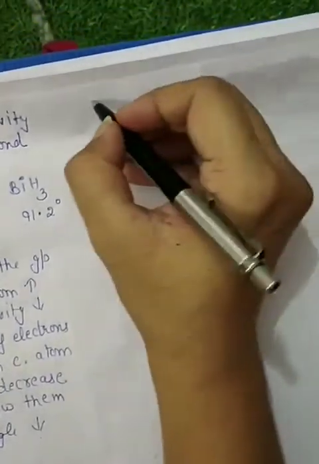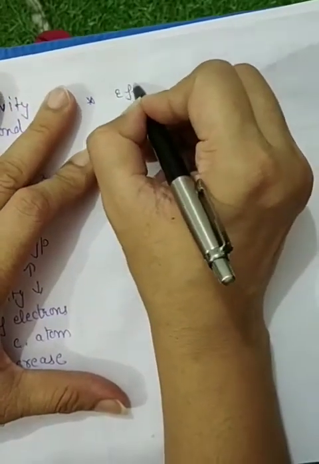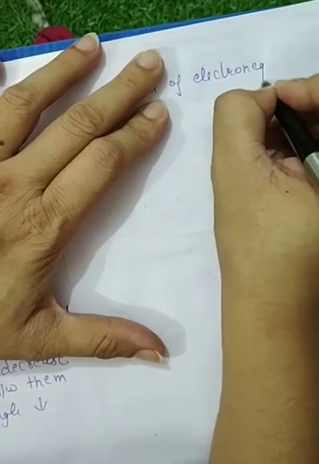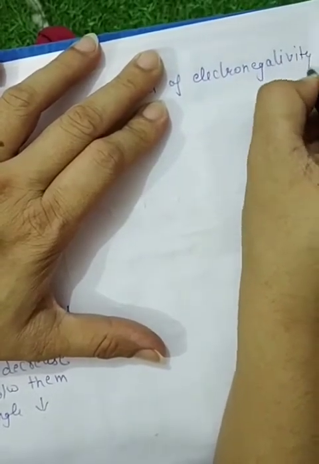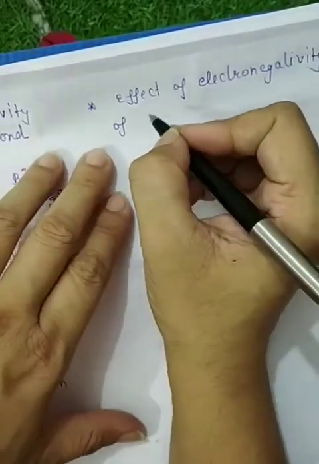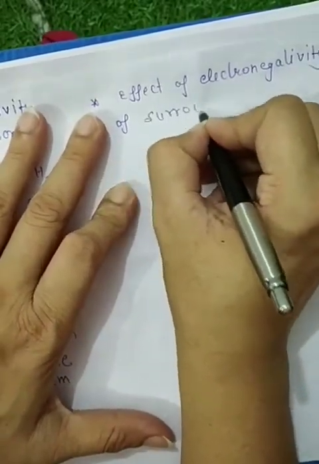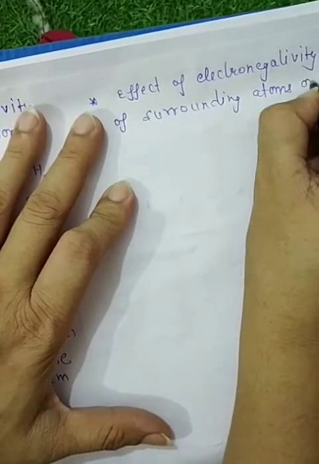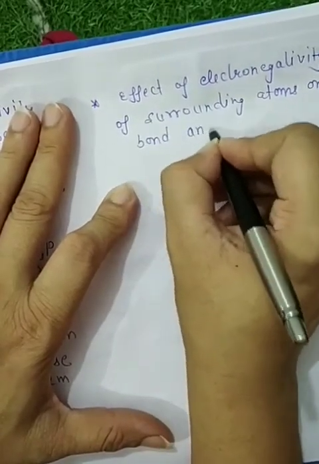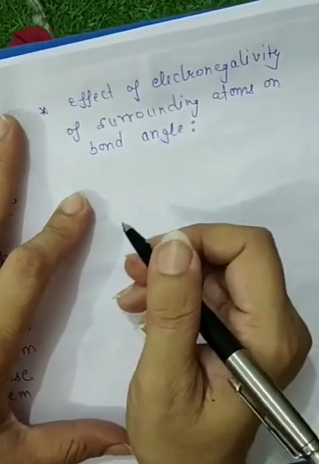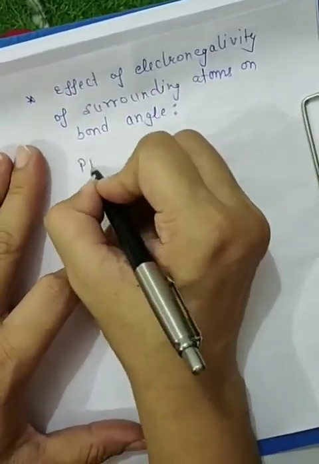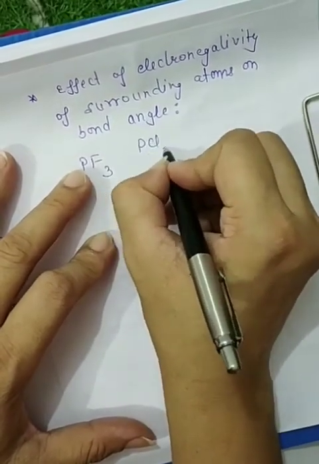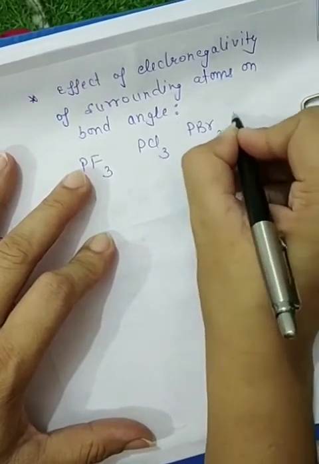Similarly, if we see the effect of electronegativity of surrounding atoms on bond angle, taking an example, for example, PF3, PCl3, PBr3 and PI3.